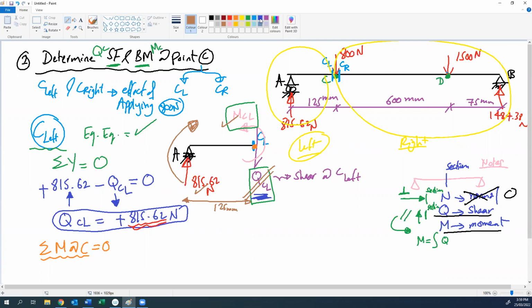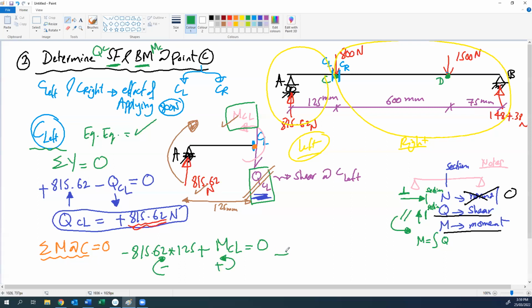Okay, so if we apply this equation here, we will have 815.62 multiplied by the distance 125, rotating clockwise, so negative, plus MCL rotating anti-clockwise, so it is positive. This gives us 0.